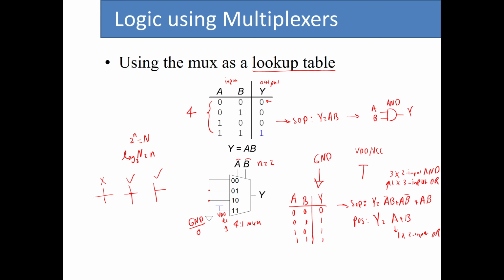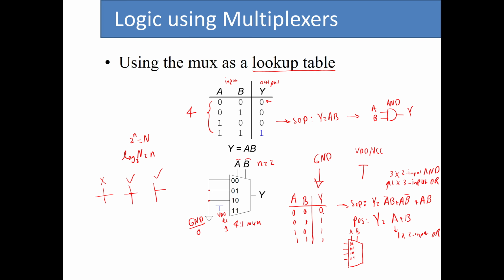But what if you only had access to a 4 to 1 multiplexer? In this case, you can draw the multiplexer like this. You connect A and B to the select inputs, and then we have 4 regular inputs too. So 0 0, 0 1, 1 0, and then 1 1. What is the output when A and B are both 0?